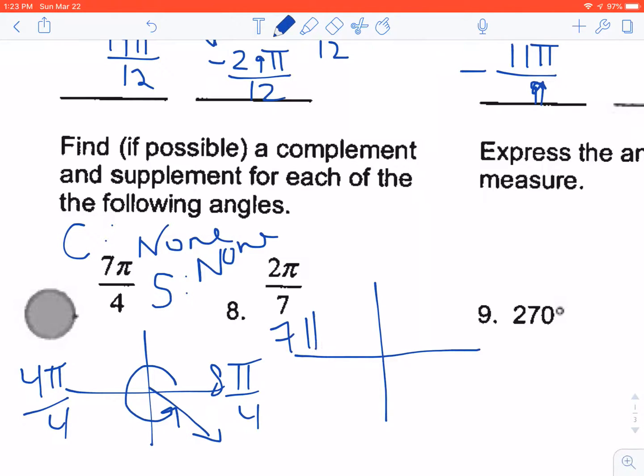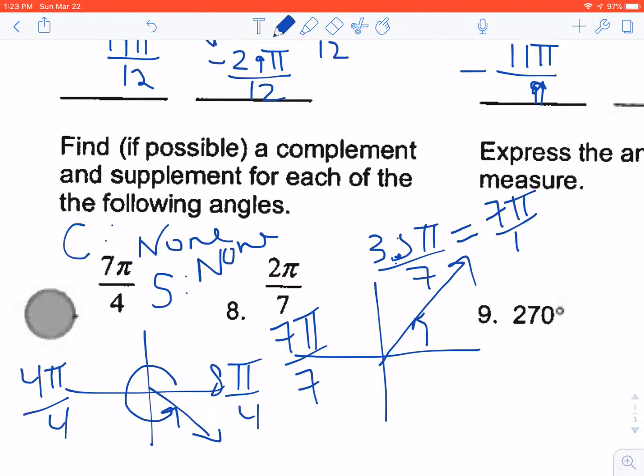Okay, 2 pi over 7 for the next one. I know that that is going to be in quadrant 1. Since this is a decimal, a really quick way to get 3.5 pi over 7 not to have a decimal is I'm going to multiply the top by 2, the bottom by 2.